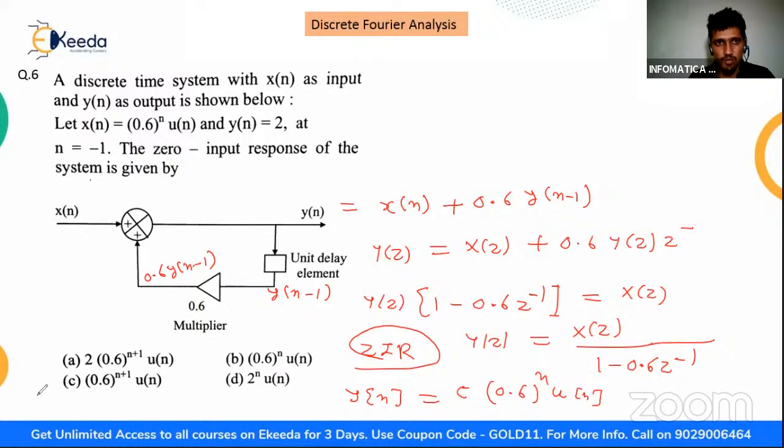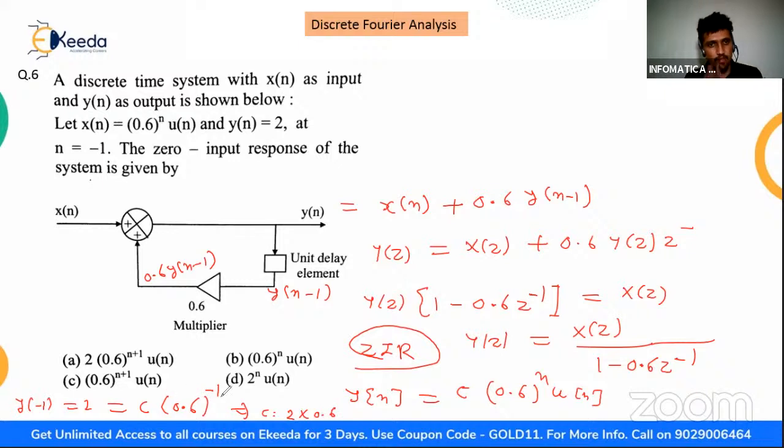At n equals minus 1, y of minus 1, which is 2, equals c multiplied by 0.6 raised to the power minus 1. So we can easily calculate the constant c: c is equal to 2 multiplied by 0.6.